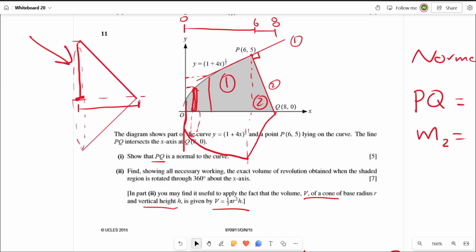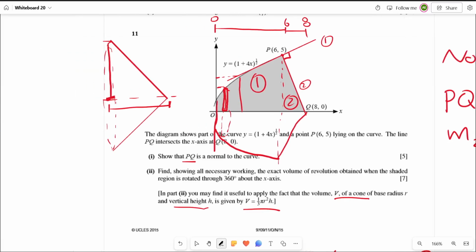It's going to become a cone, where the radius of the base of the cone is basically this height over here, which is from here all the way up to here, so it's basically 5. So my radius is equal to 5, and my height is basically from here to here. I know that this point is 8, this is 6, so this length over here is basically 2.